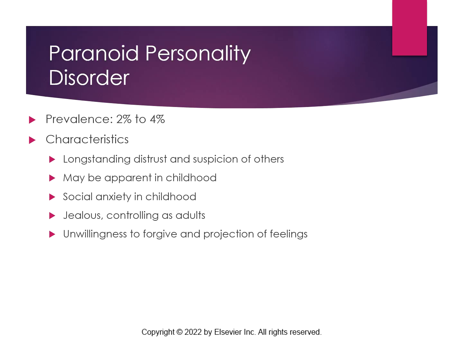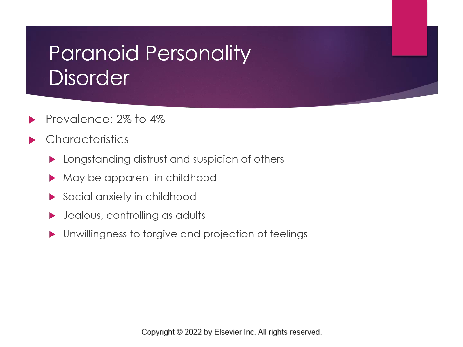personality disorders. For the paranoid personality disorder, we have a prevalence of 2 to 4%. It's a very small percentage of the general population. The characteristics here are that the patients have longstanding distrust and suspicion of others, and this may be apparent in childhood even.